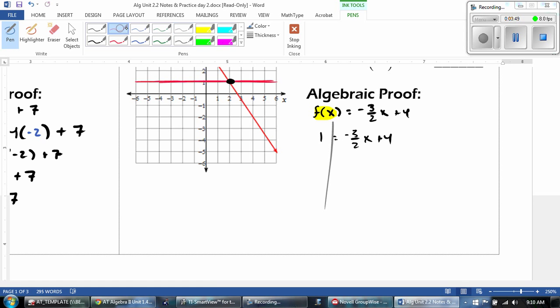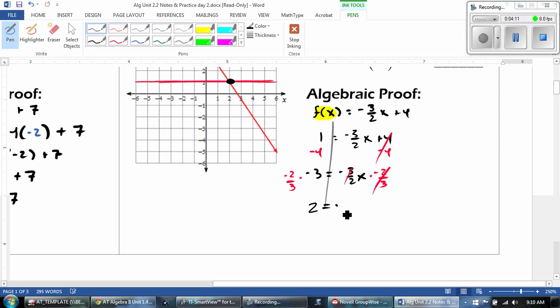I draw the line down the middle to see both sides. I start by subtracting 4, and I get negative 3 equals negative 3 over 2 x. To get the x by itself, I multiply by the reciprocal. Negative 2/3 times negative 3 gives us 2. So we get 2 equals x, and there's our algebraic proof.